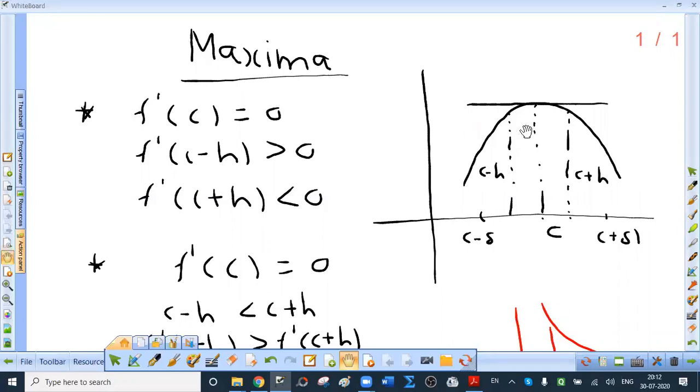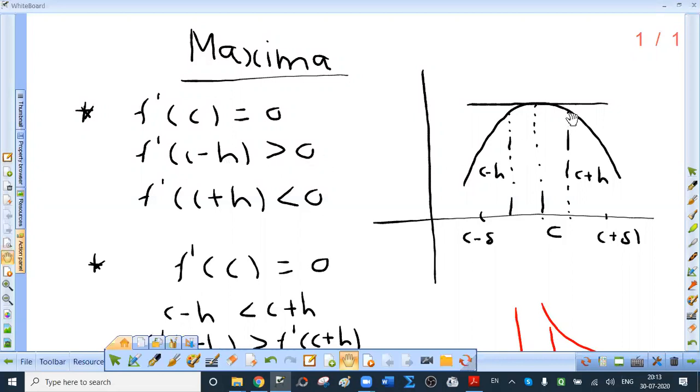So what will be the slope of this tangent? 0. But the slope of the tangent at x equal to c is f dash of c. So f dash of c has to be 0. Now note that c minus h lies on which part of the graph? Increasing. But for an increasing function, the first derivative is positive at this point, and that is why I have written f dash of c minus h greater than 0.